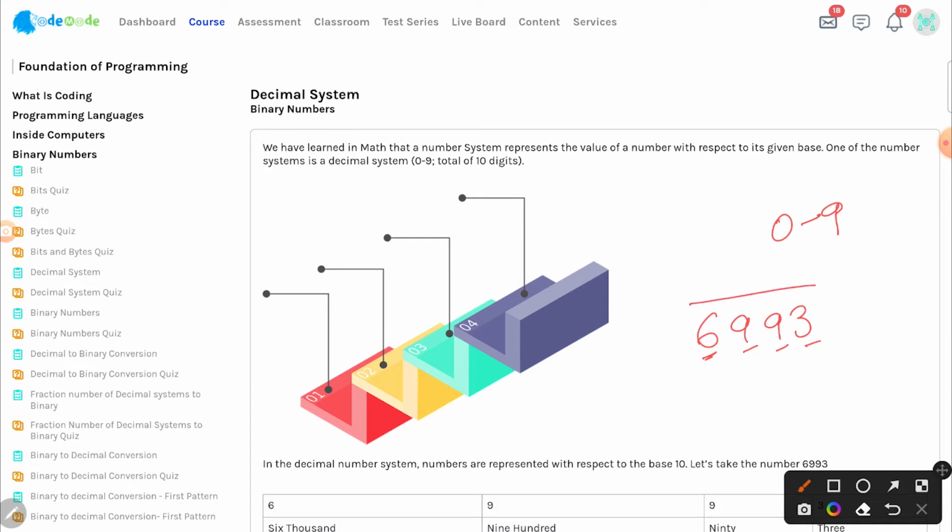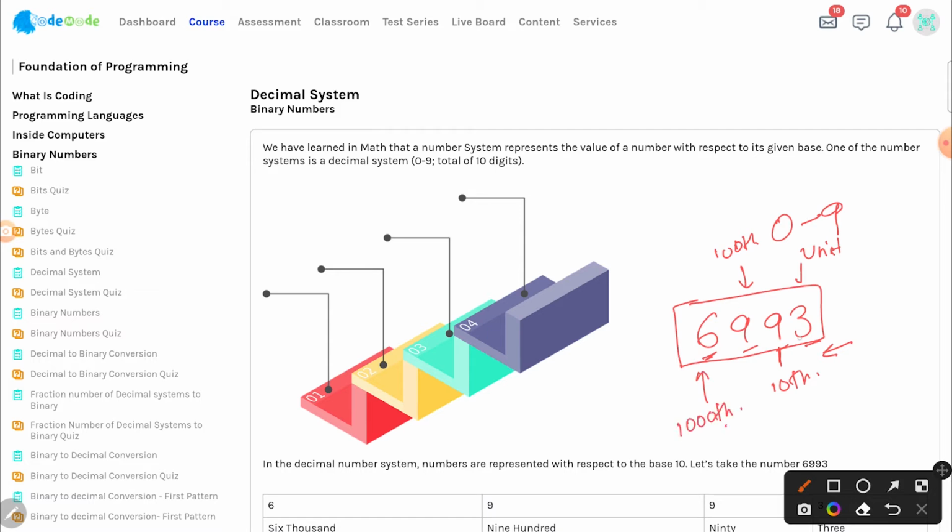Now, you will also notice that each number has a position starting from unit position to 10th position. Here we call this unit position. This is our 10th position. This is 100th position. And this is 1000th position.